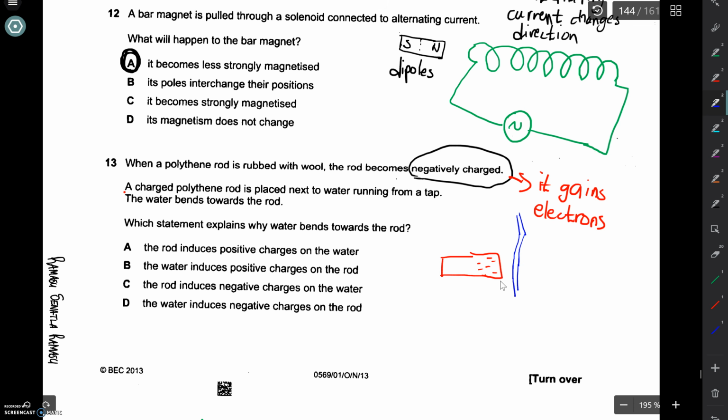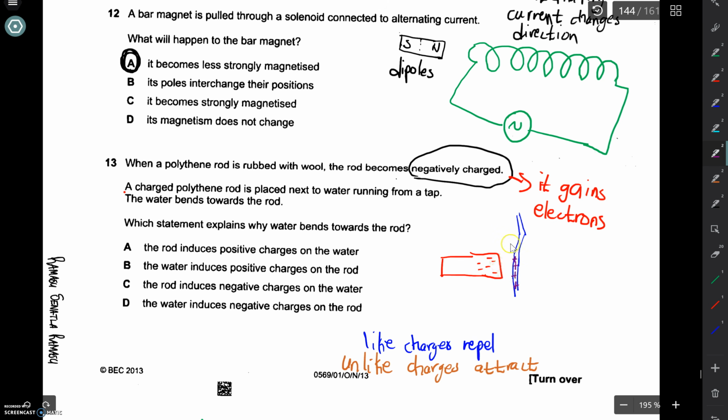It means that because like charges repel and unlike charges attract, some positive charges are induced on the stream of water.